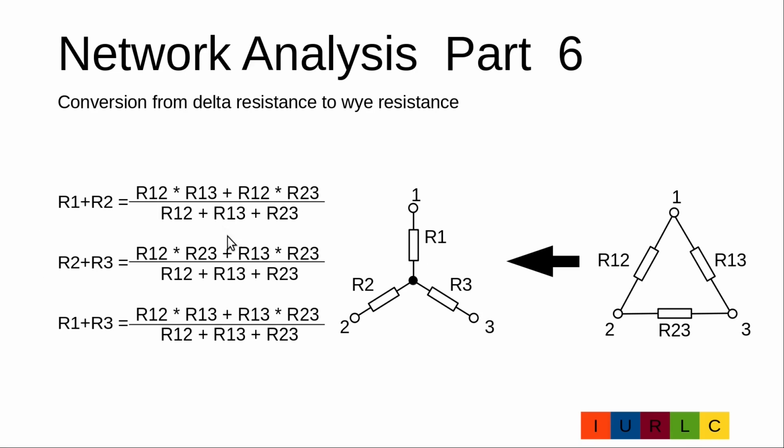Luckily, we have on the right side on each formula the same denominator, so we only need to write a big fraction bar with the denominator, and on the top the numerator from the first formula minus the numerator from the second formula plus the numerator from the third formula.